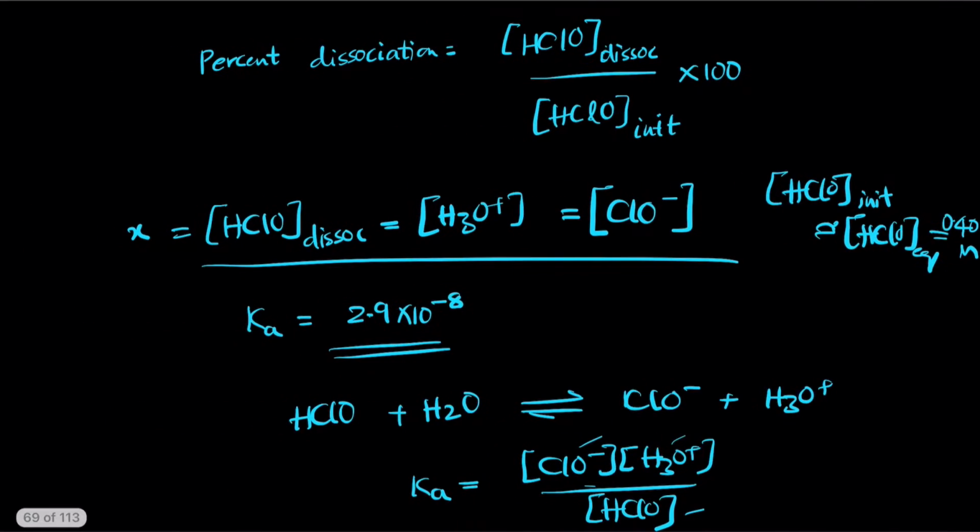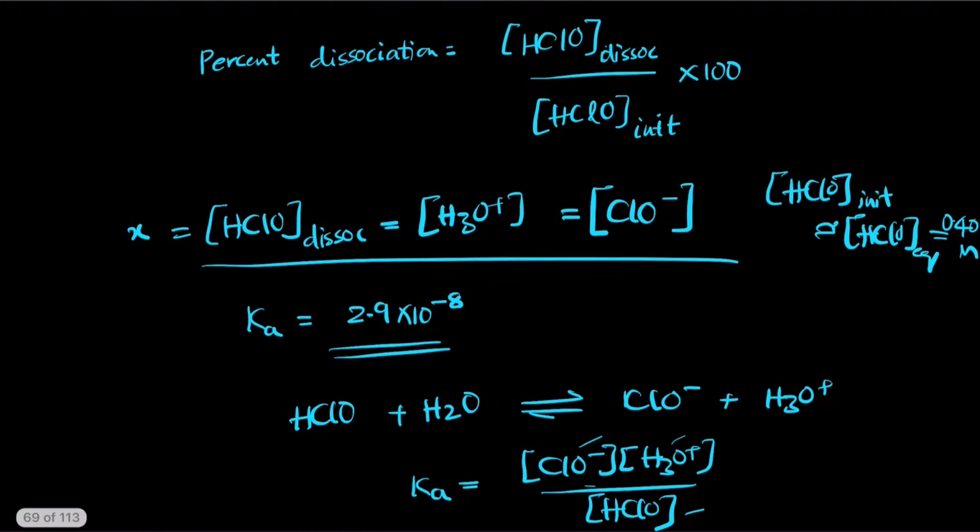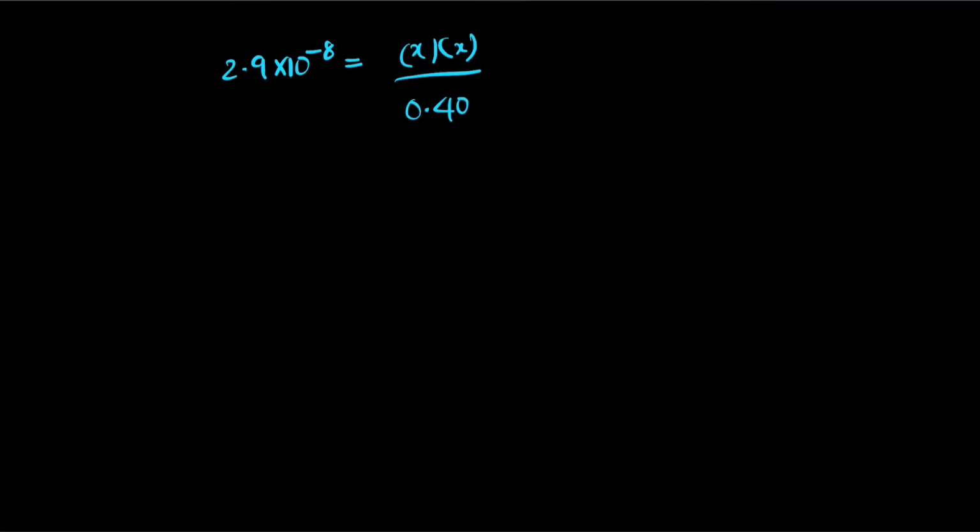So now write down the value for Ka, which is 2.9 times 10 to the power negative 8 equals X times X over 0.40. So X squared over 0.40 equals 2.9 times 10 to the power negative 8. X squared becomes 2.9 times 10 to the power negative 8 times 0.40.